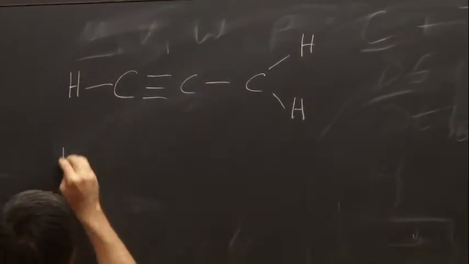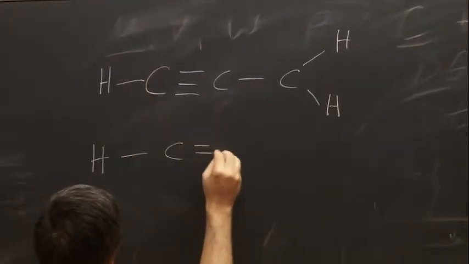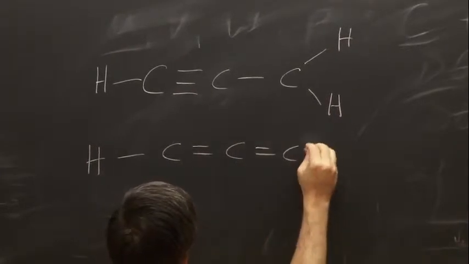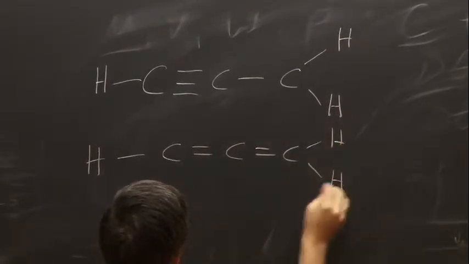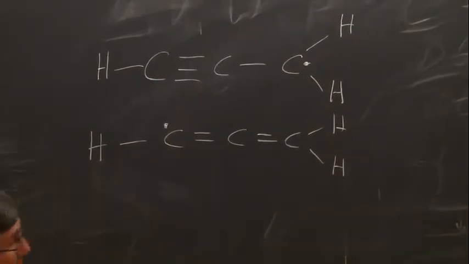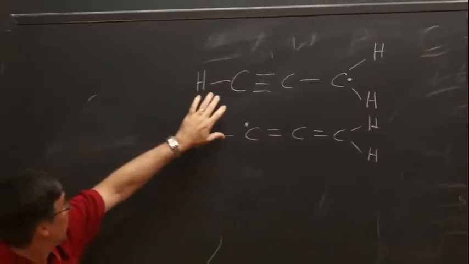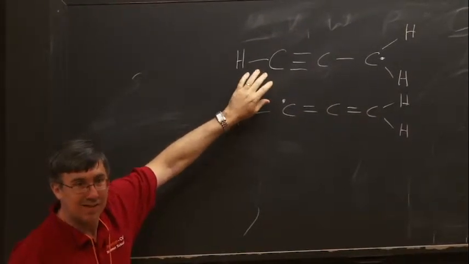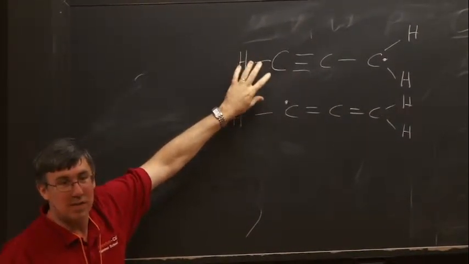But you can also draw it this way. So here would be a radical here, here would be a radical here. So this molecule is a little bit of each of these. The drawing is not good.